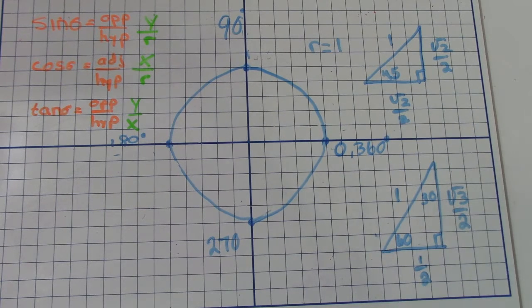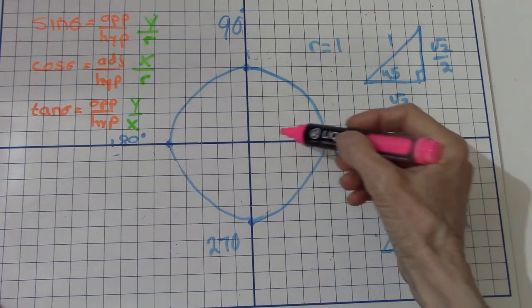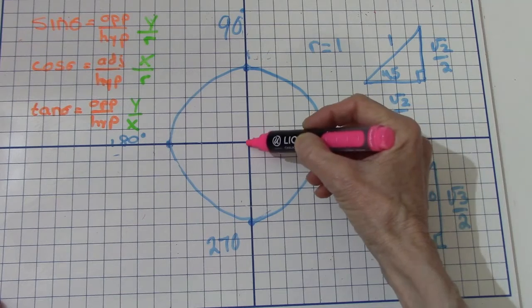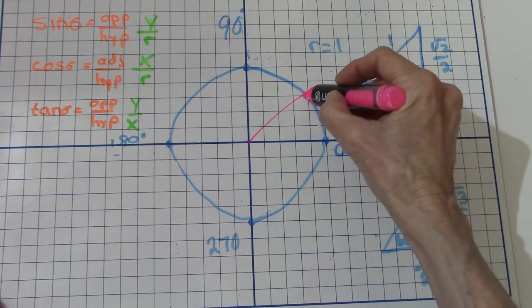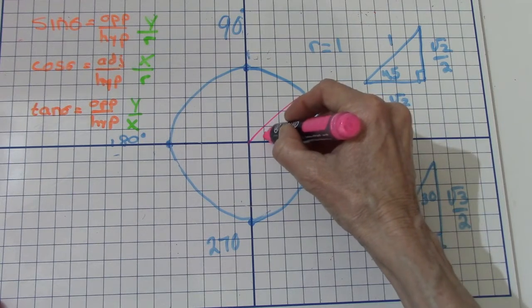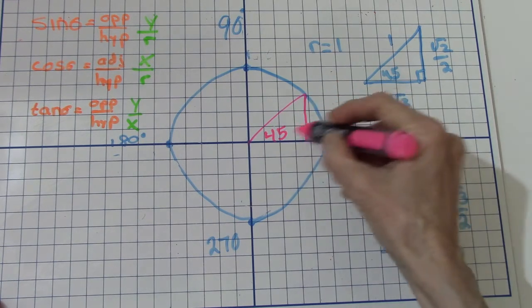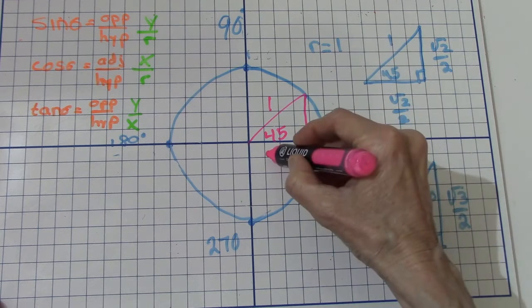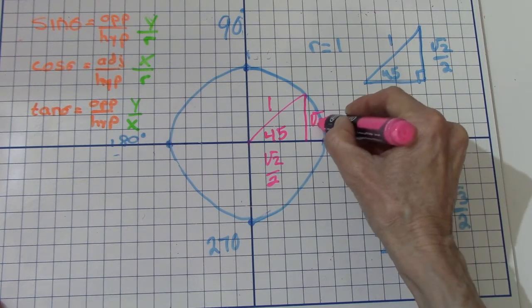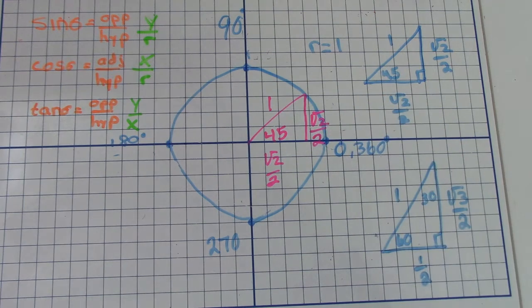So let's say using this, if I had to find for the 45-degree angle, it's going to be right in here. And I just drop it down. There's my relationship. And the hypotenuse is 1. This is the square root of 2 over 2. And the y value is the square root of 2 over 2.